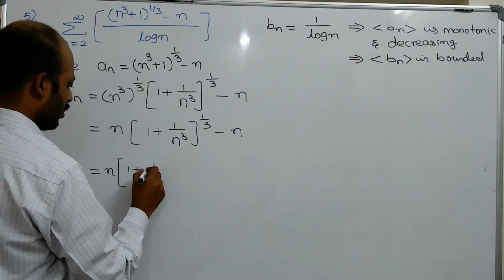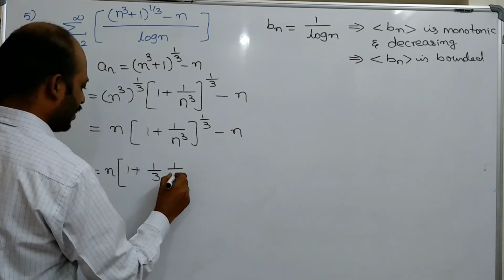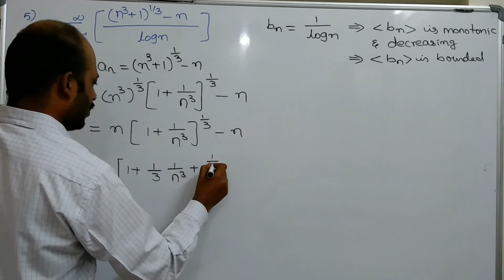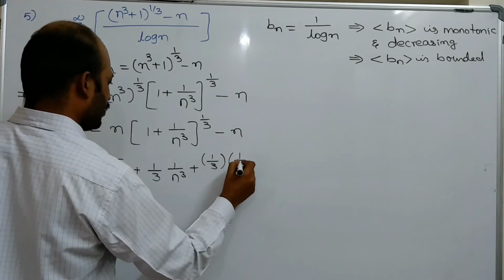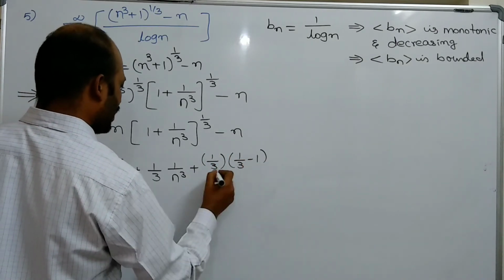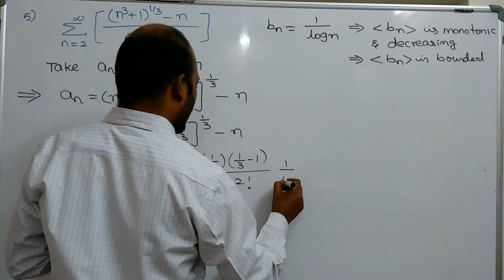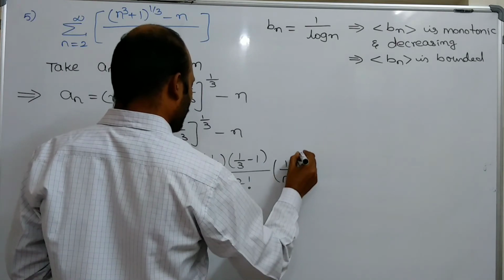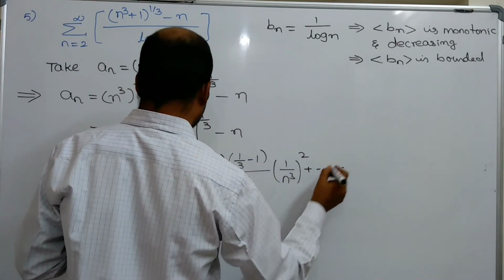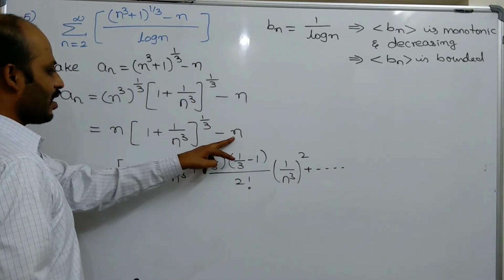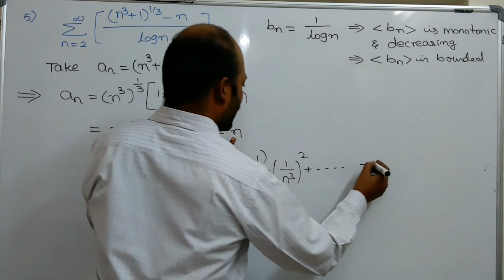1 plus 1 by 3 into 1 by n cube plus 1 by 3 into (1 by 3 minus 1) divided by 2 factorial into (1 by n cube) whole square plus and so on. You observe that by making n common, you get minus 1.